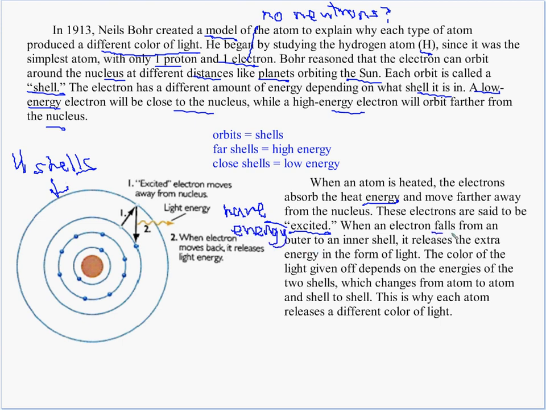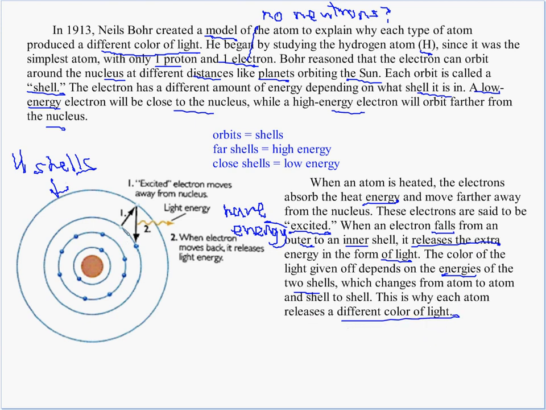When an electron falls from an outer to an inner shell, so going from high energy to low energy, it releases the extra energy in the form of light. Those are the colors. The color of the light given off depends on the energies of the two shells. So a different atom has different shells, I guess. This is why each atom releases different color light.